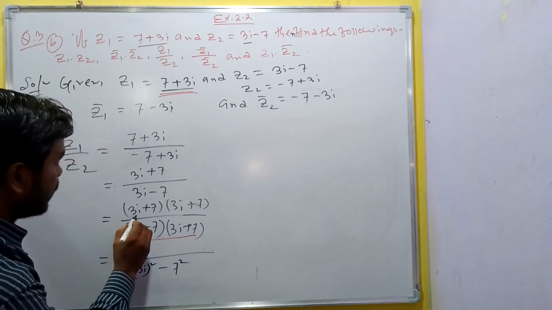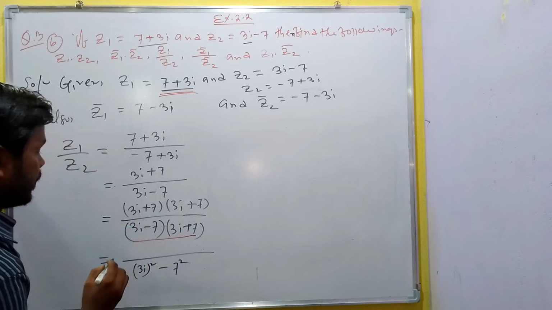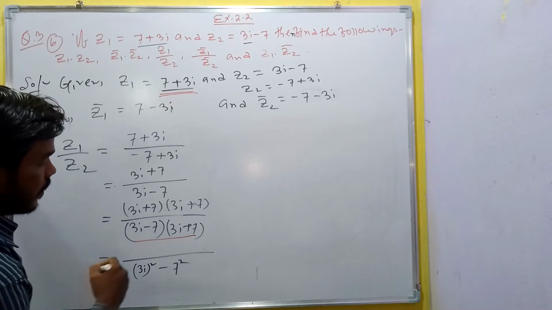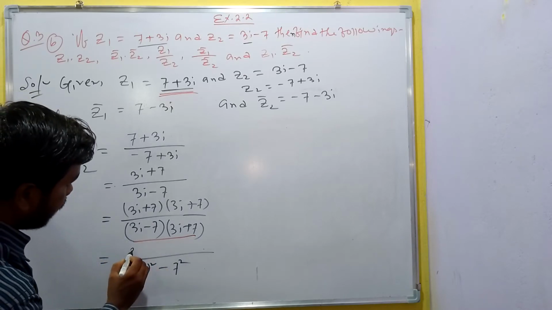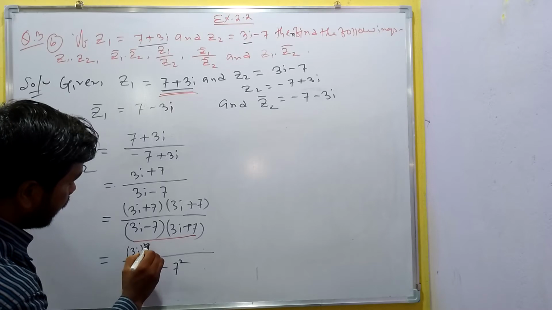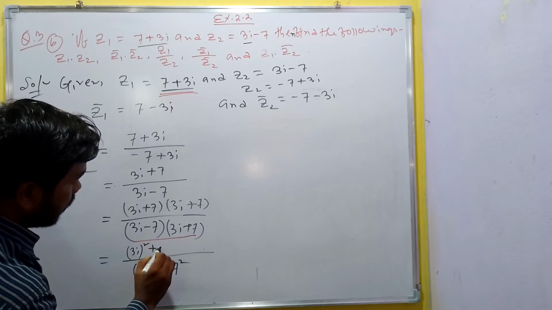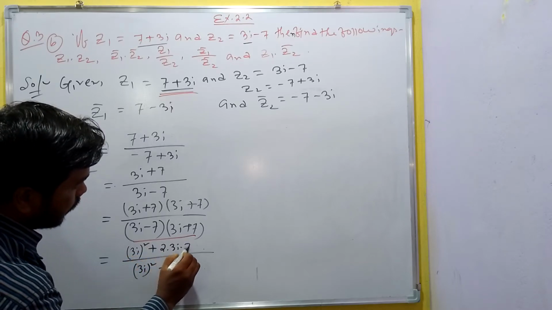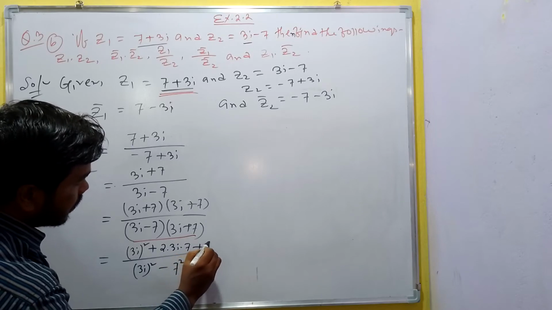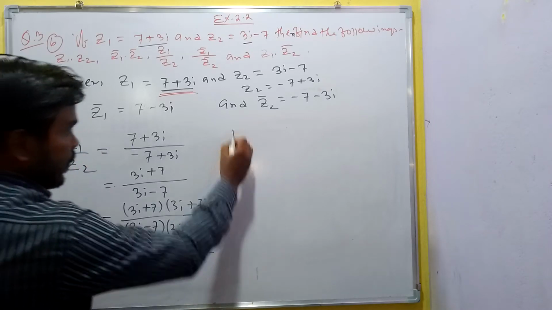Now this one, a plus b into a plus b, so we can write the a plus b whole square formula: 3i whole square plus 2 into 3i into 7 plus 7 square.